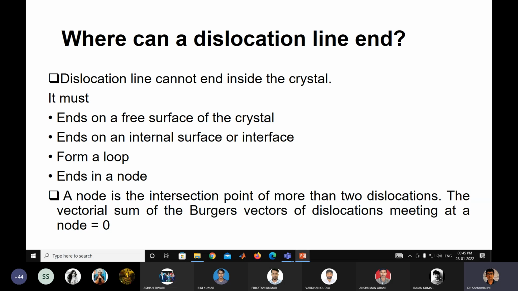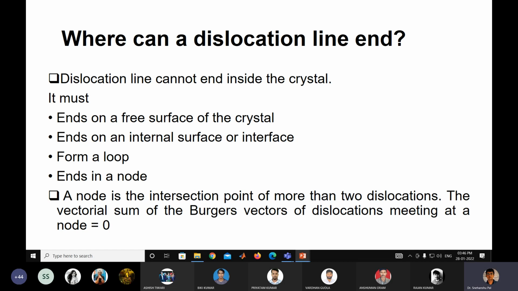Three dislocations can create a node, or two dislocations can meet. So there are 4 possibilities: it ends on a free surface of the crystal, ends on an internal surface or interface, forms a loop, or ends in a node.